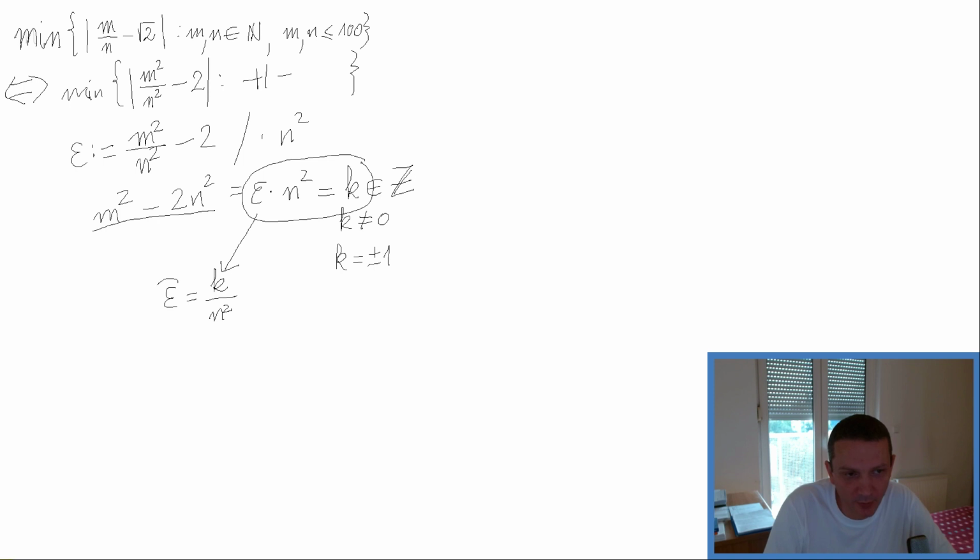And so if we want this epsilon to be as low as possible, minimum in absolute value, then we need this k to be as low as possible. So plus or minus 1 will suit best. And n squared, or equivalently n, should be as large as possible, so we are looking for a maximum value of n.